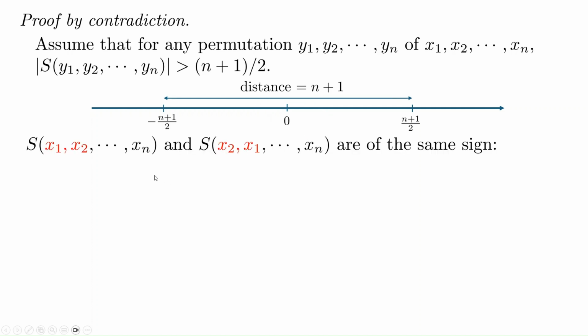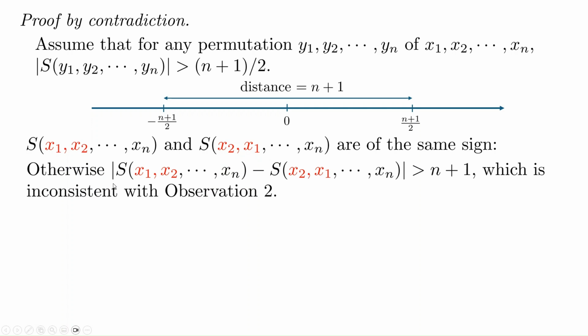Now, let's look at the weighted sum of the original sequence and the sequence obtained by switching the first two terms. Clearly, these two sums are either both on the negative side or both on the positive side. They cannot be one on the positive side and the other on the negative side, because by observation 2, their difference is less than or equal to n plus 1. The gap is simply too big.